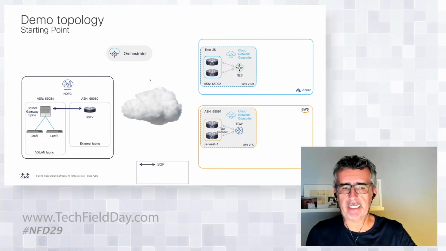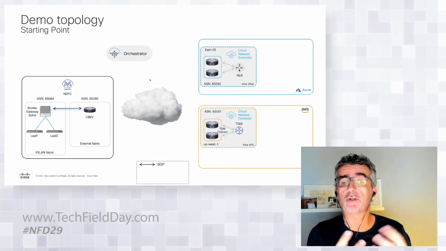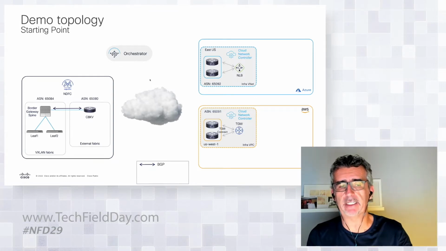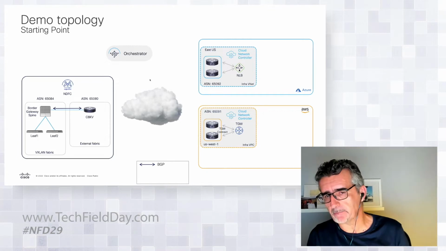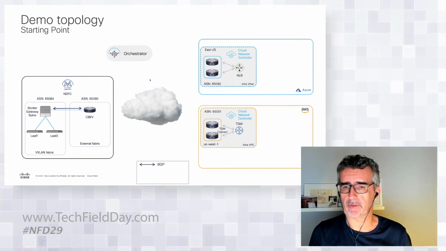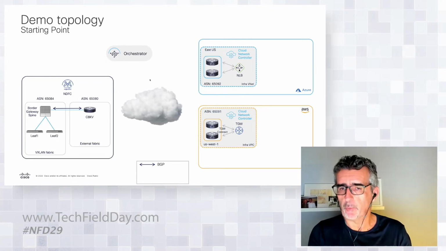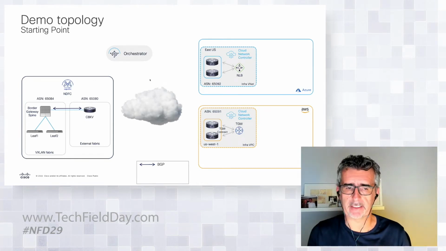Very quickly, on the left, I have my on-prem fabric, which is very simple, 2 leaves and 1 spine. That spine performs the role of border gateway spine because it's essentially my point of extension of connectivity out of that fabric toward other fabrics on-prem or toward public cloud location. And we will see we use VXLAN VPN for that connectivity.